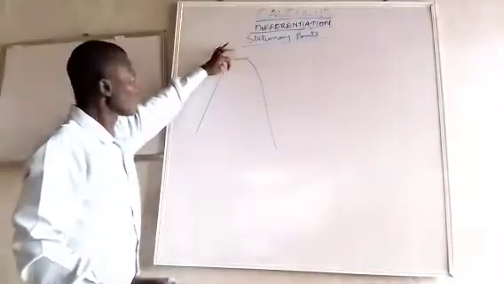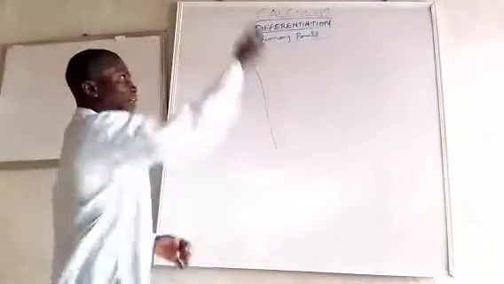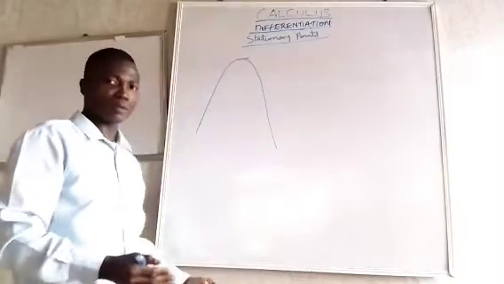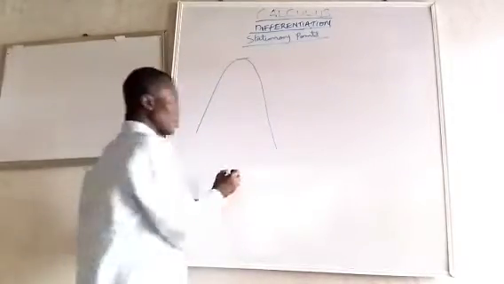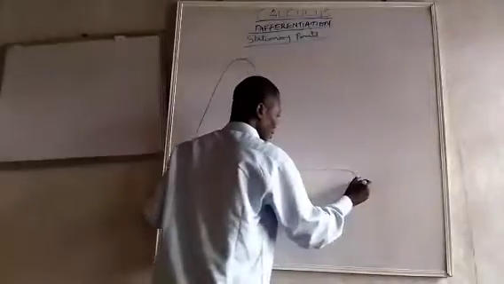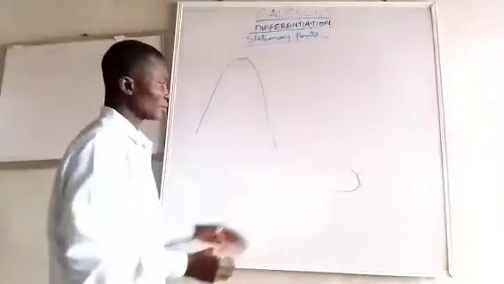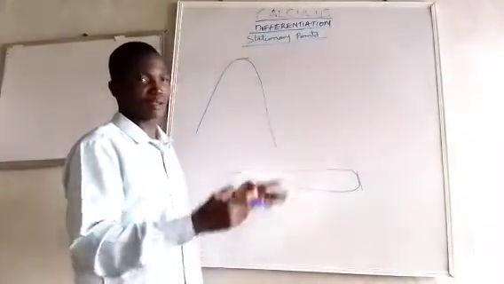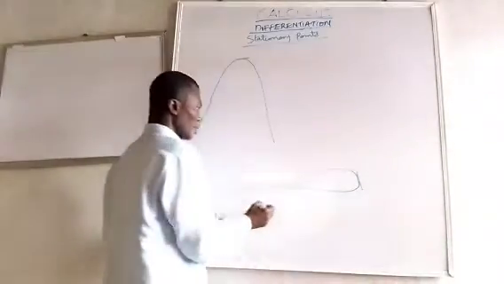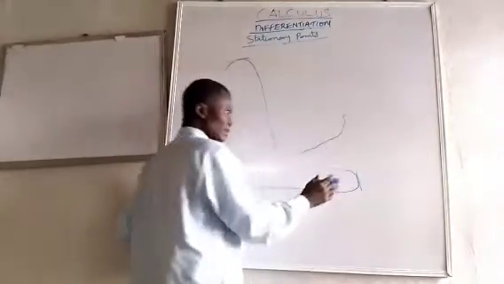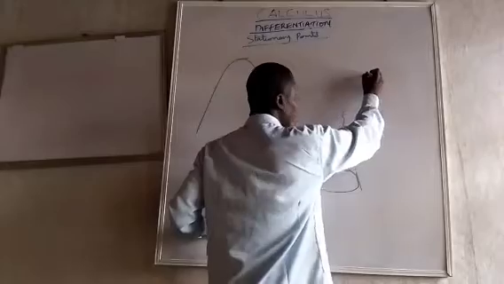It's just like when you throw an object up, it gets to a certain point, stops and starts coming down. Or if a vehicle is moving, for it to turn back, it must stop first.